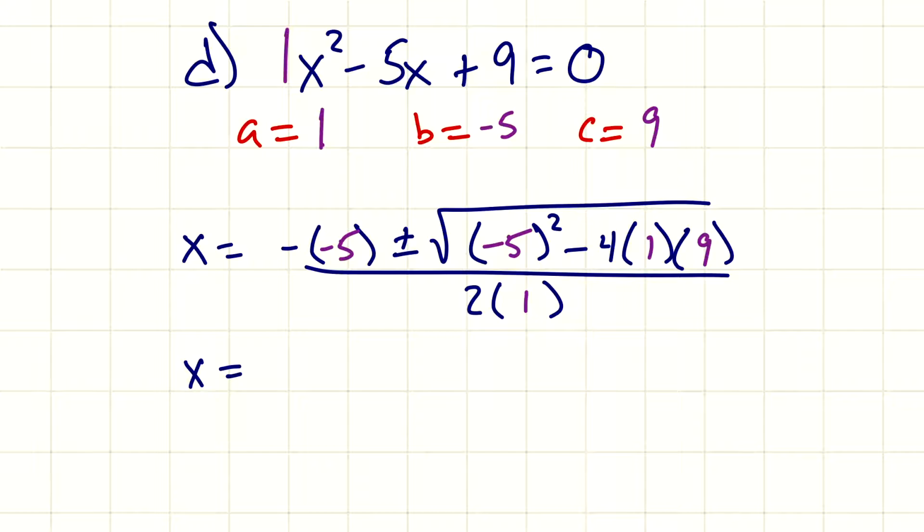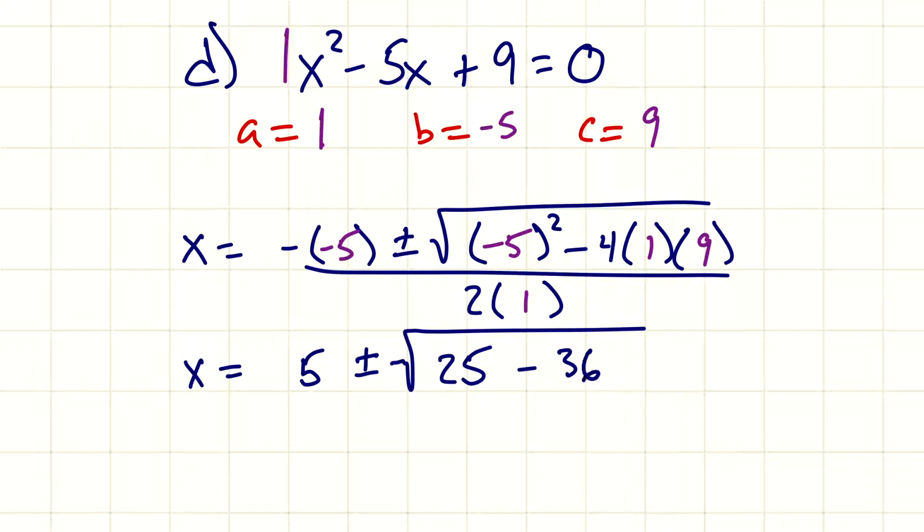When we simplify it, you'll notice we get positive 5 plus or minus the square root of positive 25. That number is always going to be a positive number. And then we're going to have minus 9 times 4 is 36, over 2.